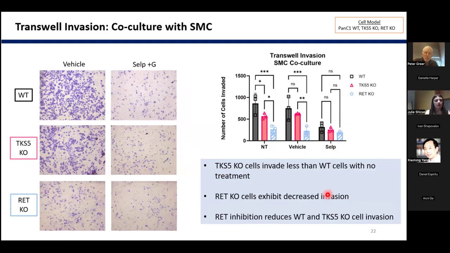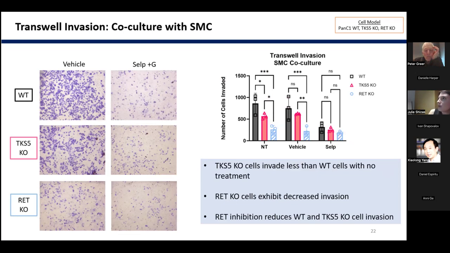But interestingly, when we add the RET inhibitor selpercatinib, this reduces wild type and TKS5 knockout cell invasion down to the level of the RET knockouts. So we can see that RET definitely plays some sort of role in invasion in these cells, which was really interesting. TKS5 does to an extent as well, but inhibiting RET on top of that brings invasion down even further.